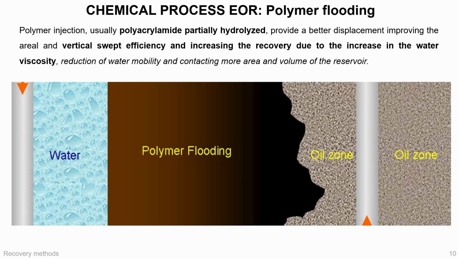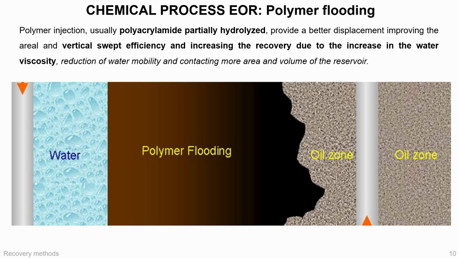Polymer flooding improves oil recovery mainly by increasing the viscosity of the injected water. When water viscosity increases, water mobility decreases, and the displacement front becomes more stable. This improves aerial and vertical sweep efficiency.